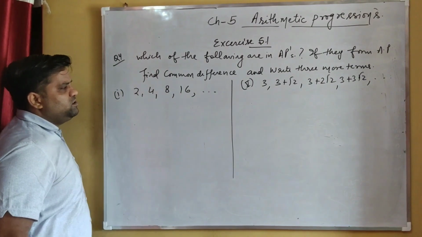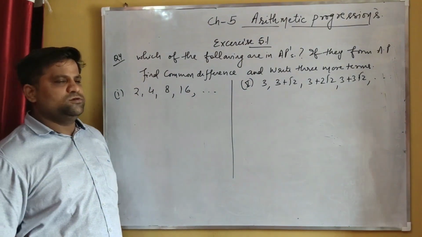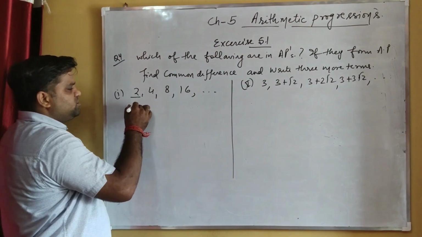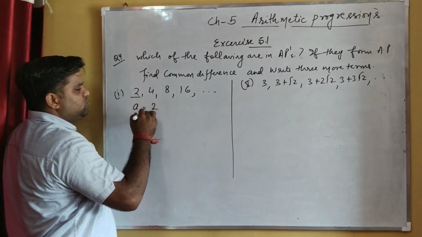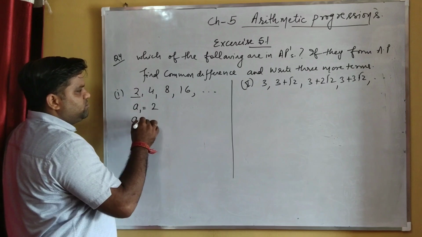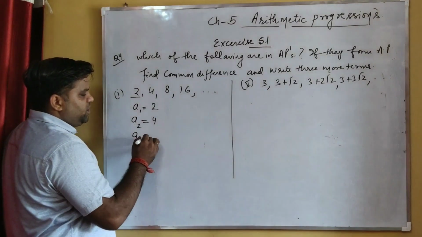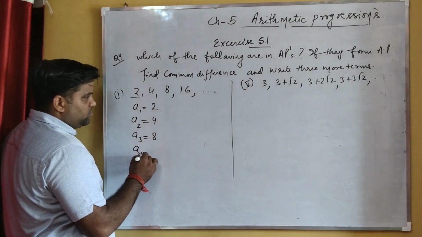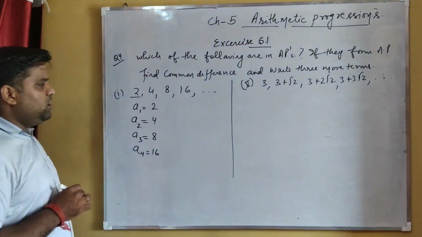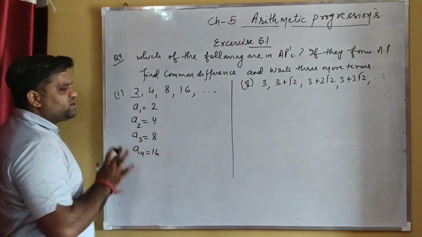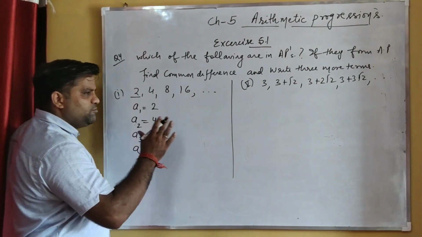Here we have a sequence. Our first term a1 is equal to 2, our second term is 4, our third term is 8, our fourth term is 16. Here we will check whether the common difference between them is the same or not.